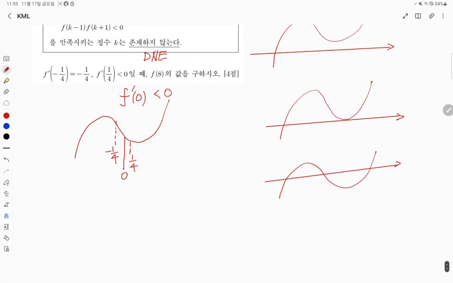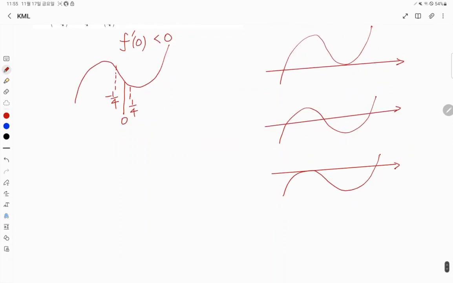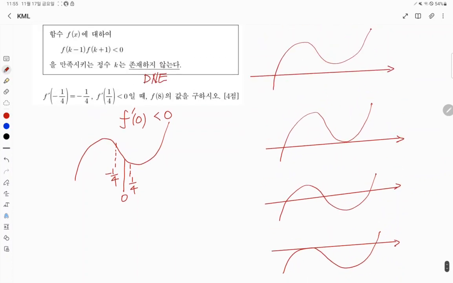The third case is the x-axis is located between the local max and local min. And the fourth case is the local max is the x-intercept. And the last case is the x-axis is above the local max.